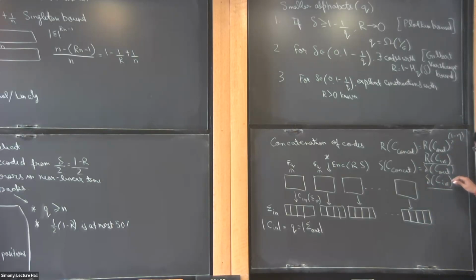So the best trade-off we could have hoped for was delta of C_in and R of C_in, but what we are getting is something close to R of C_in, but the distance is much lower by an eta factor. So is all hope lost? We'll come back to this. There are ways to remedy this.